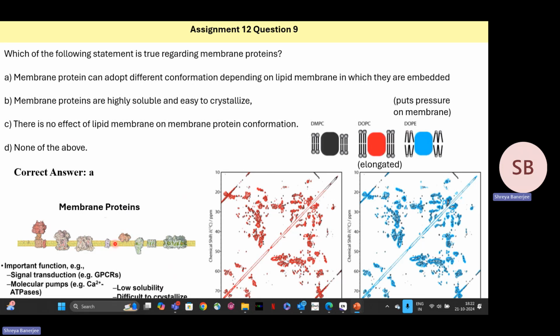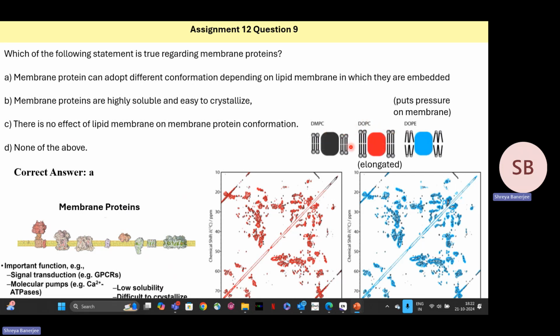So to do the solid state NMR of these membrane proteins, we have to mimic the membrane environment. For that, different lipid or detergent molecules are used to form micelles or liposomes around the membrane protein so that the native membrane environment can be mimicked.